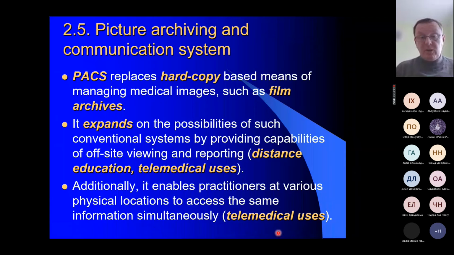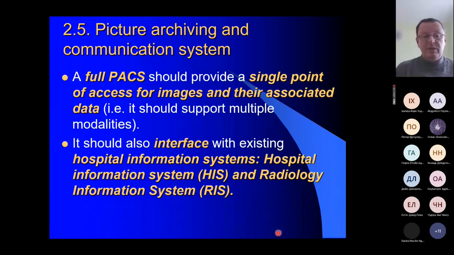The aim is to replace hard copy based means of managing medical images such as film archives, and provide extended possibility to access data not only for physicians but even for education or scientific research, or even for remote access in case of application of medical technologies in hospitals. So PACS should provide a single point of access for images and their associated data. So here is an important point.